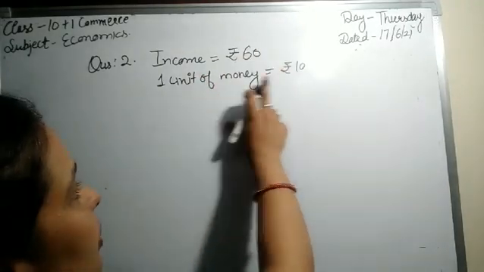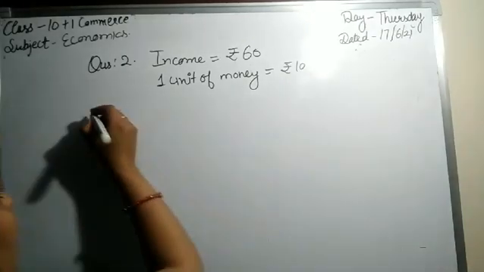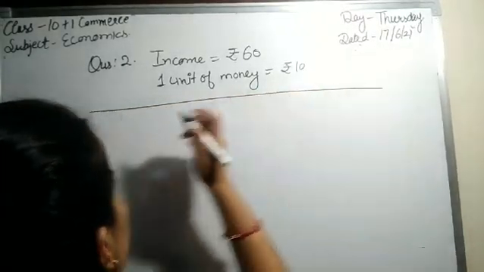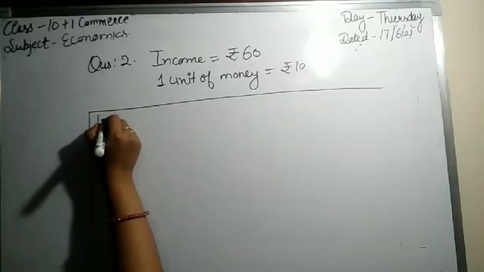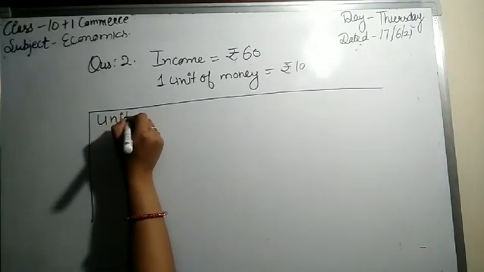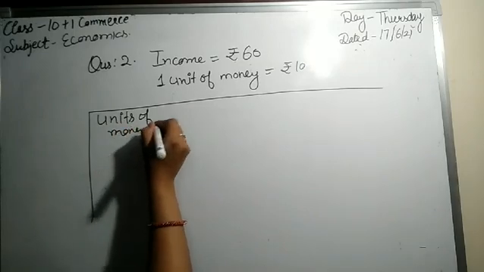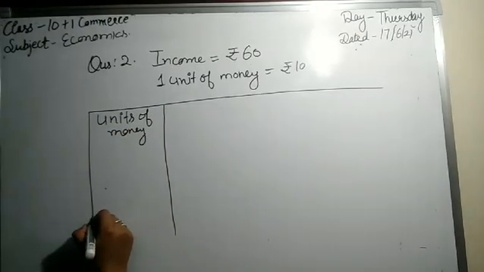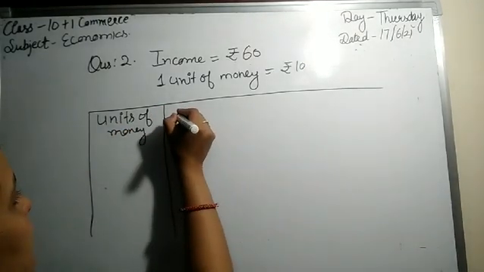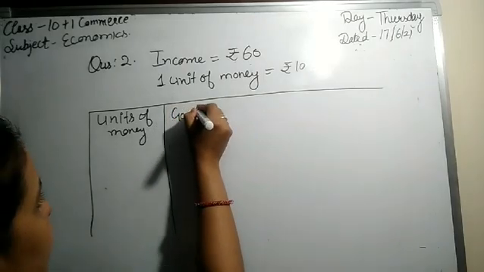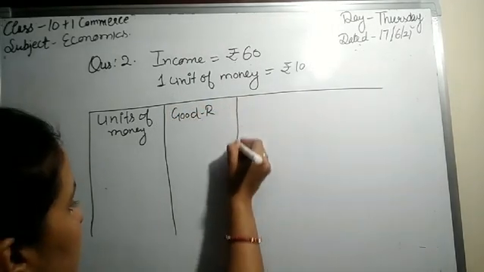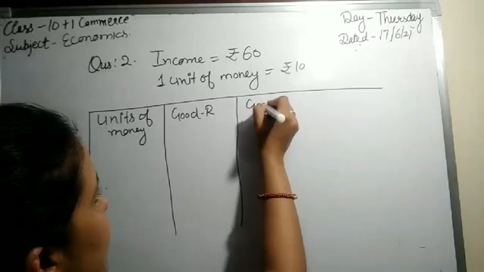So 1 unit is equal to 10 rupees. Now the table: units of money, then good R, and good S.